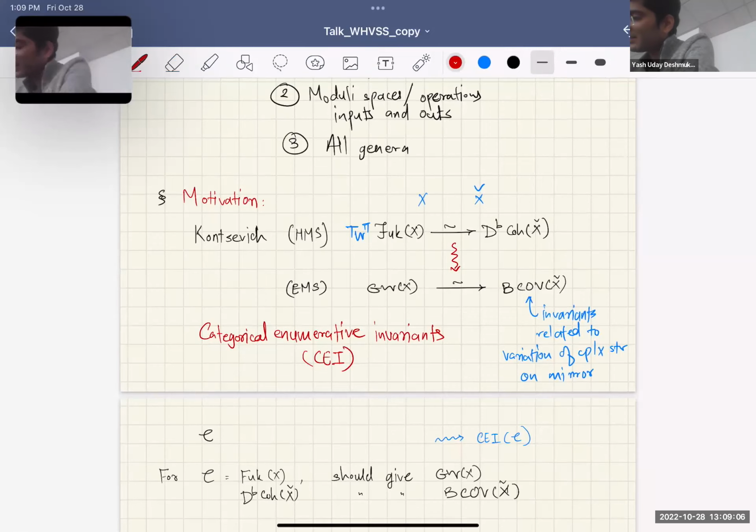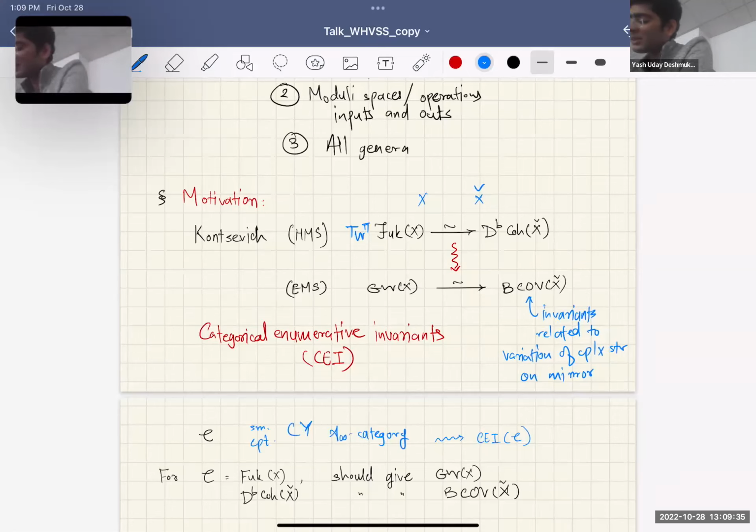So you start with a category which has certain nice properties. So this category is going to be either smooth Calabi-Yau or compact Calabi-Yau. It's an infinity category. For our purposes, we don't precisely need to know what the meanings of these terms are. Just understand that these are some properties that are usually satisfied by categories which appear in homological mirror symmetry.